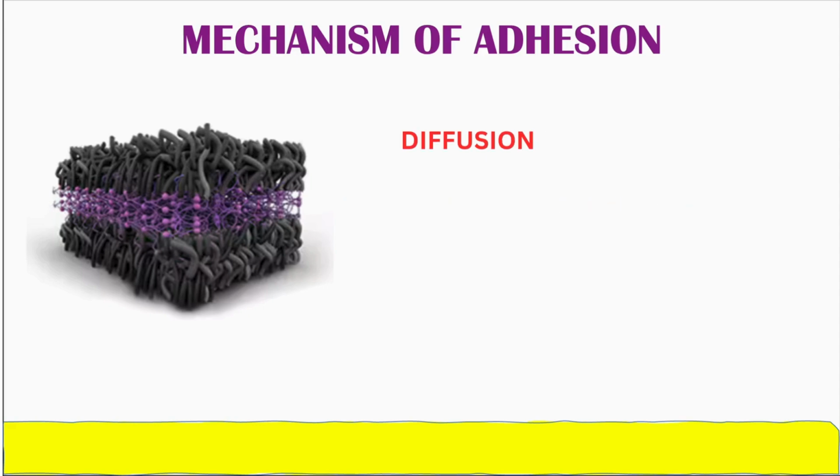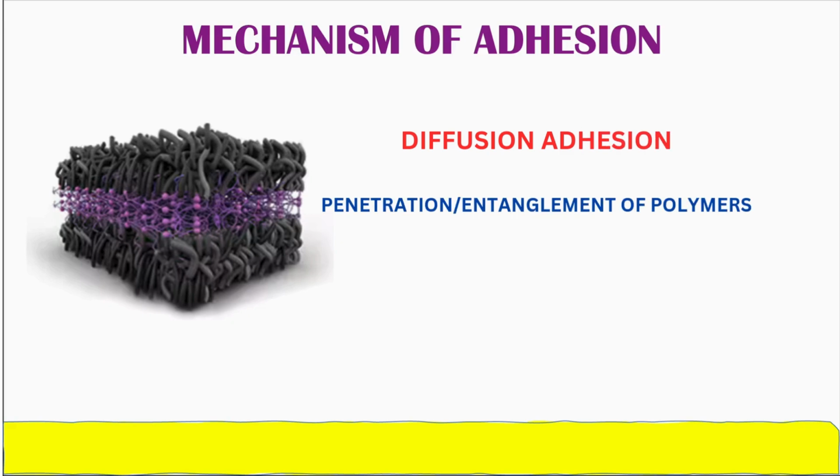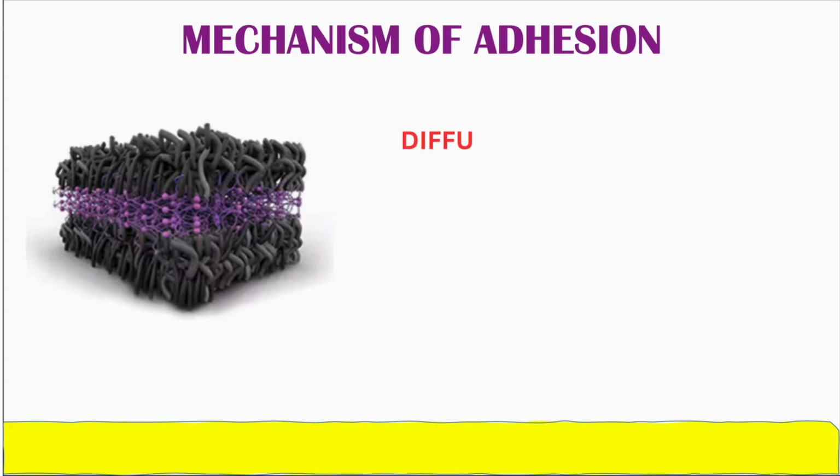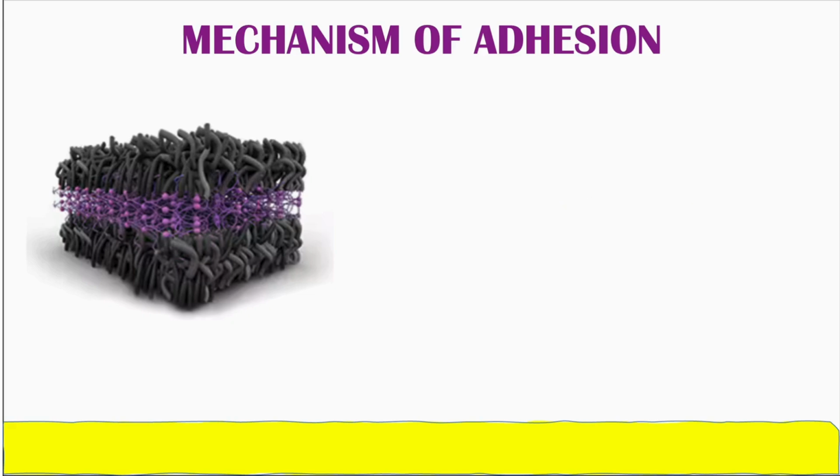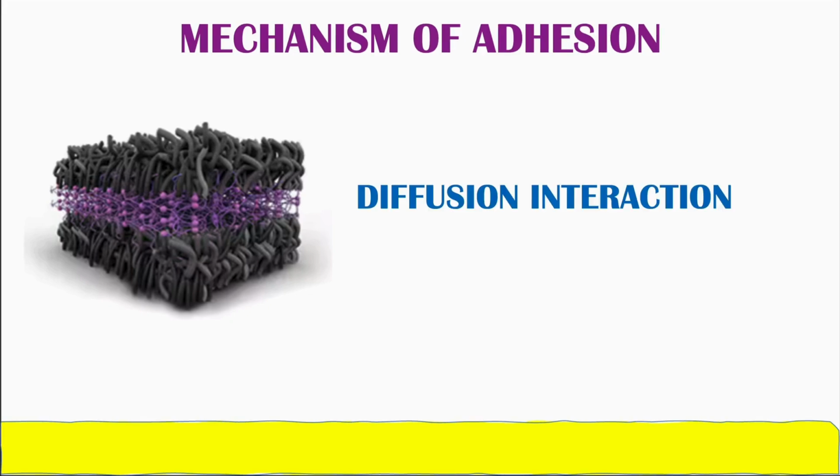And so a very good example of this type of diffusion can be seen in solvent cementing or the heat welding of thermoplastics. So the interdiffusion of the adhesive polymeric chains or molecules takes place into the polymeric molecules of the substrate. That's the diffusion adhesion. The diffusion interaction is actually a two-stage process.